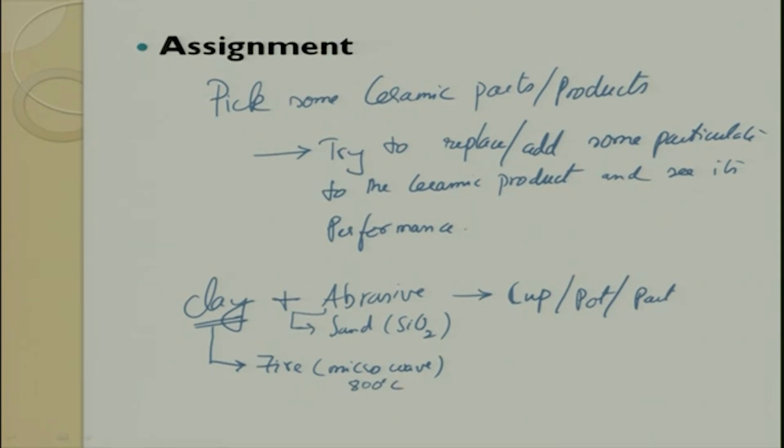We are not looking for very sound quality, but just for your understanding and experimentation sake. If you have a furnace, you can put it in, or you can just put it in a microwave oven and keep it for some time, maybe 2 or 3 minutes, and before it forms any cracks, you have to pull it out of the microwave. Then you can try to make one again, a cup or pot, whatever it is.